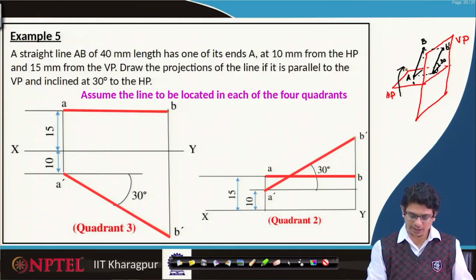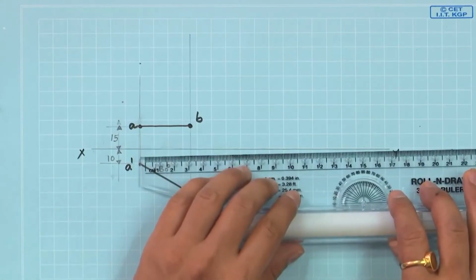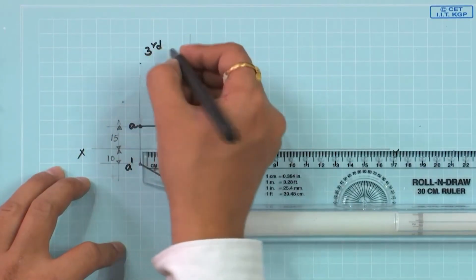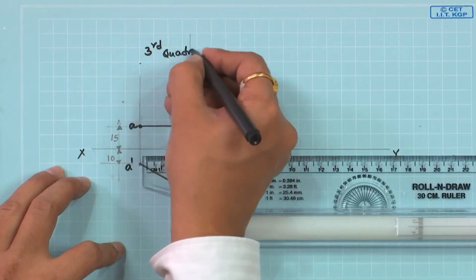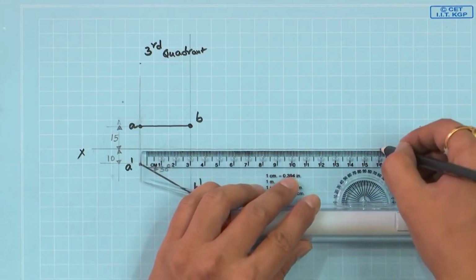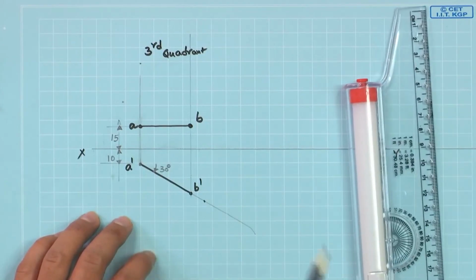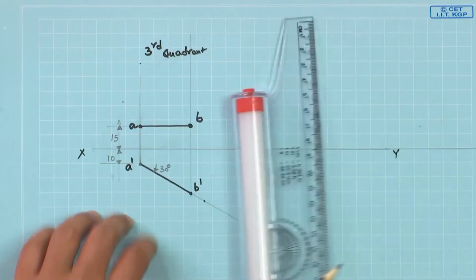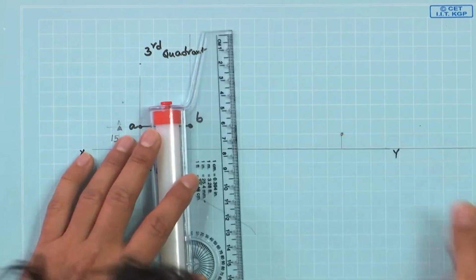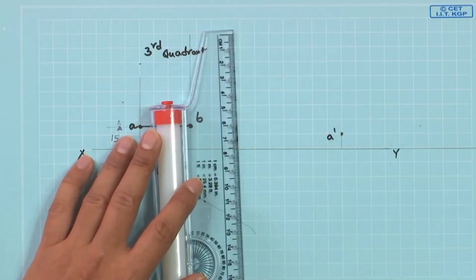Let us look at how to draw that. So, let us use the same drawing sheet, but with certain offset. Mark this one, this is third quadrant. And here somewhere we have to mark first of all A prime. A prime is always be 10. So, at 10 distance A prime we have. Okay.